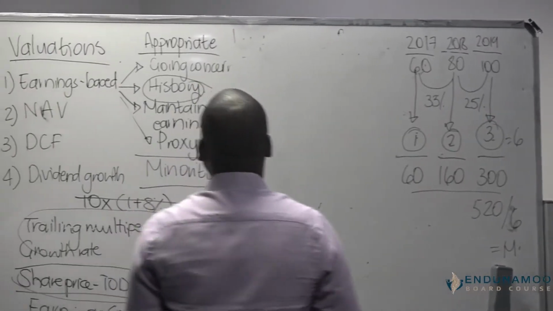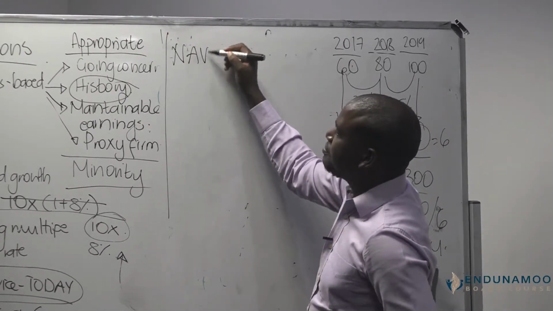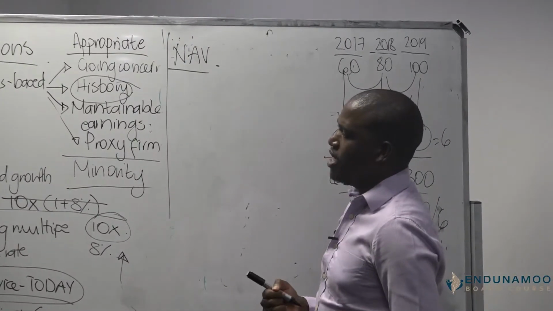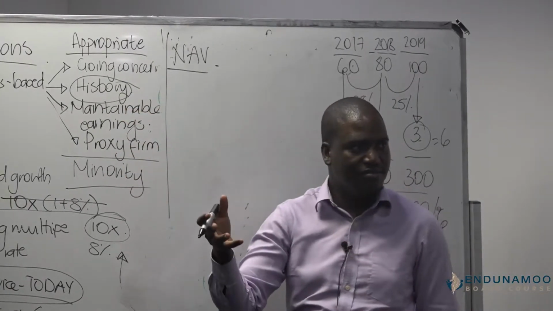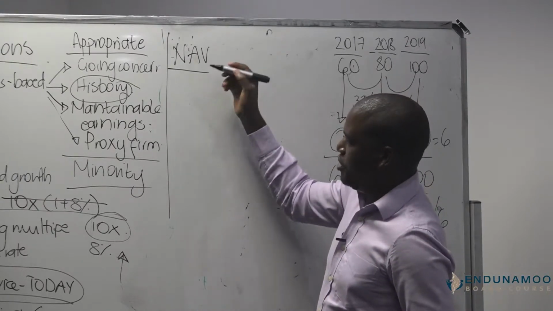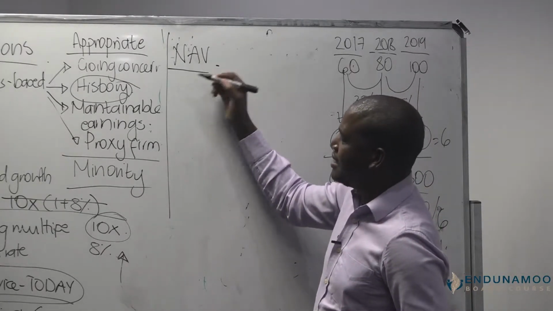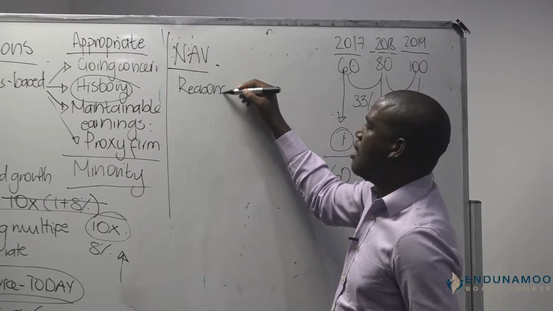So quickly, NAV. We are saying that when is it appropriate to use NAV? 1, we use it as a reasonability test, okay? But when?